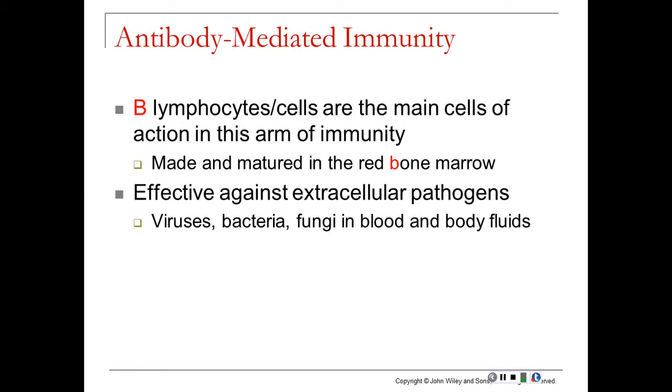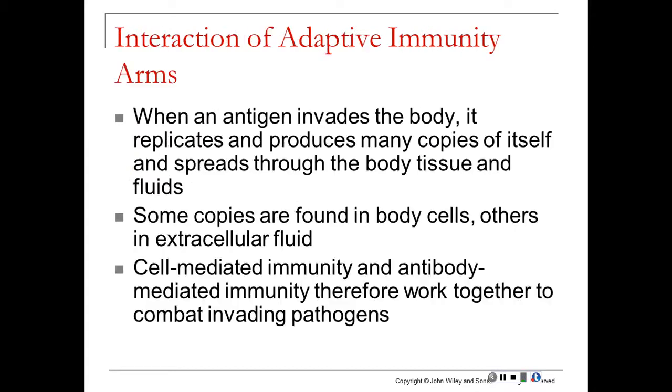Whereas antibody-mediated immunity is going to involve the B cells. These are the main cells in the action of this type of immunity. These B cells are made and matured in the red bone marrow. This is effective against extracellular pathogens, so viruses, bacteria, fungi that are in the blood and body fluids, not those that have already invaded our cells and tissues.